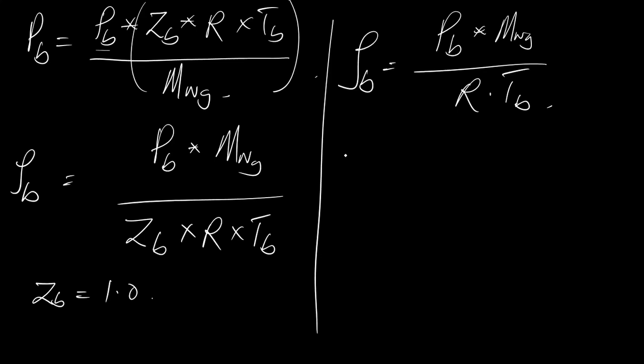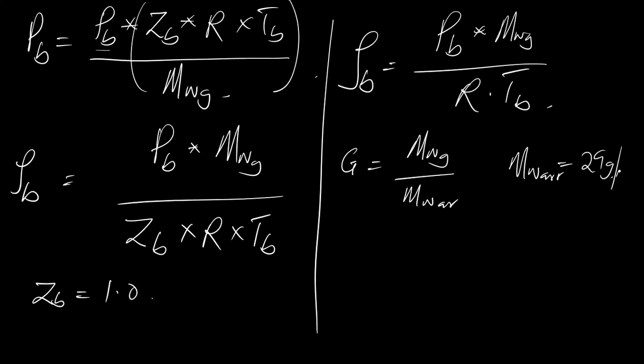We also know that gas gravity is equal to the molecular weight of the gas divided by the molecular weight of air. Since the molecular weight of air is 29 grams per mole, the molecular weight of the gas is equal to 29 times gas gravity grams per mole.